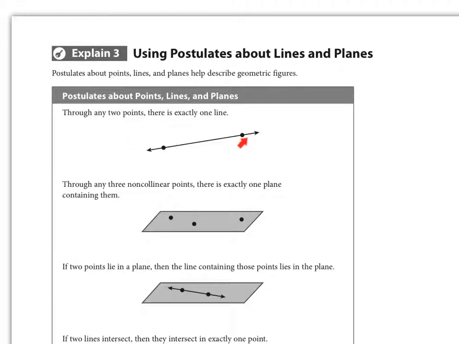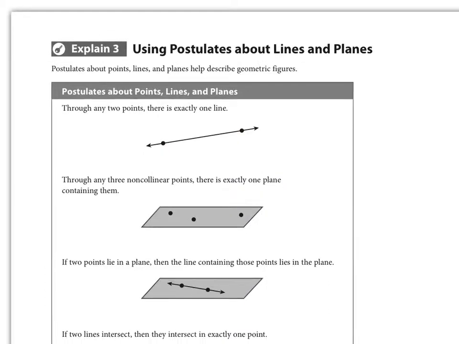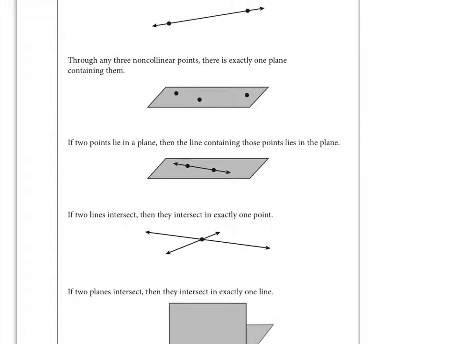You got a point here and a point here. There's only one line. We can't draw other different lines through those same 2 points. Right, through any 3 non-collinear points, you need to know what non-collinear means. There is exactly one plane that contains all 3 of them. That means I can't draw another plane, another surface that contains all 3 of these non-collinear points.